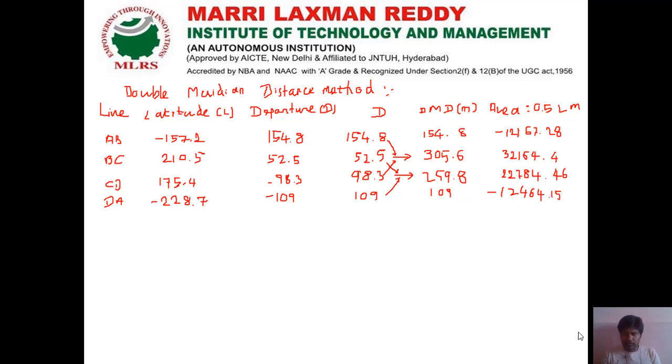Now the area, by adding all the values, minus 12,167.28 plus 32,164.4 plus 22,784.46 plus minus 12,464.15, gives the answer of 30,317.43 meter square.